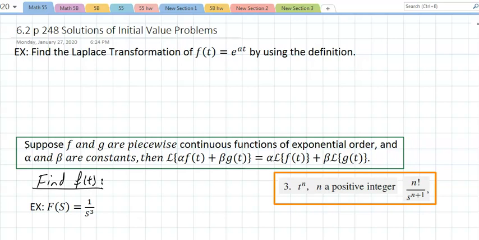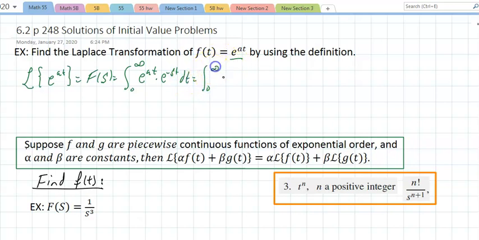For example, if I start with: find the Laplace transform of e to the at by using the definition. Anywhere you see the word definition on the exam, you're going to literally go by the integral from 0 to infinity of e to the at times e to the negative st dt. That would be the integral from 0 to infinity of e to the (a minus s)t dt.